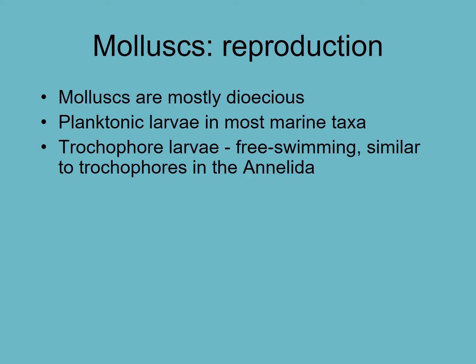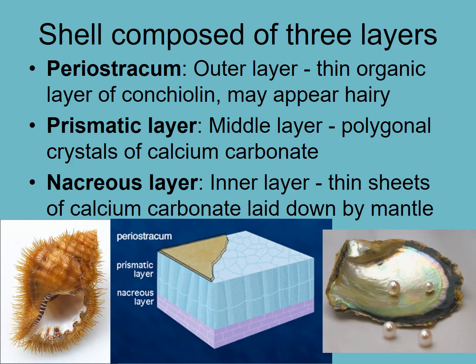A few hermaphrodites, but mostly male or female. They have a planktonic larva, which is called a trochophore, which is free-swimming and metamorphosizes into a settling adult, or a settling juvenile, really.